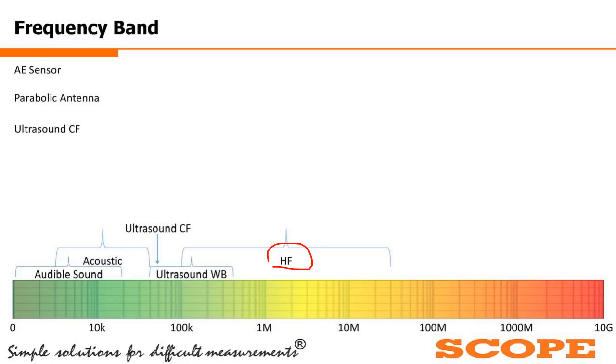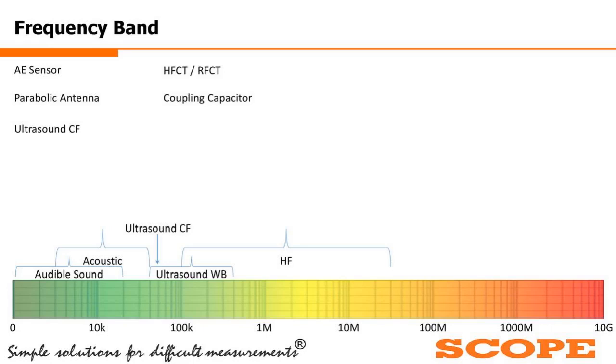So if we are looking for the high frequency sensors, all those sensors will be available in this zone of bandwidth. In the high frequency sensors, we can have two major types: HFCT, which is also known as the RFCT, radio frequency current transformer, or the high frequency current transformer.